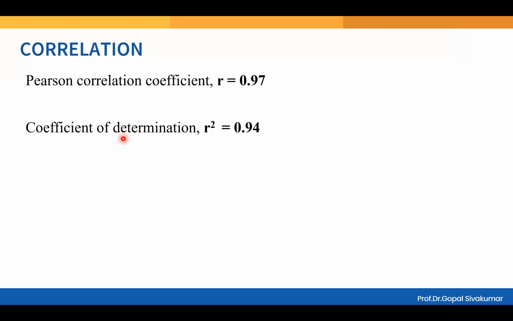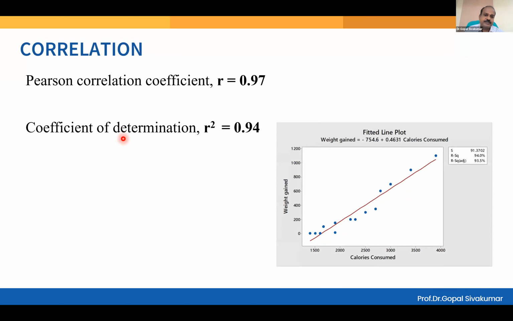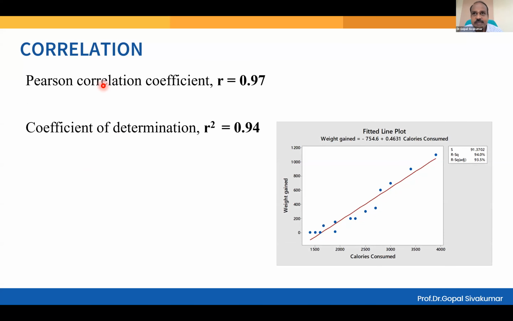Do you understand my language, all of you? So R square, if it is more than 80%, the factor sufficiency is ensured. Factor sufficiency is ensured. Now the R is known as Pearson correlation coefficient. However, R square is known as coefficient of determination. Make it a point.